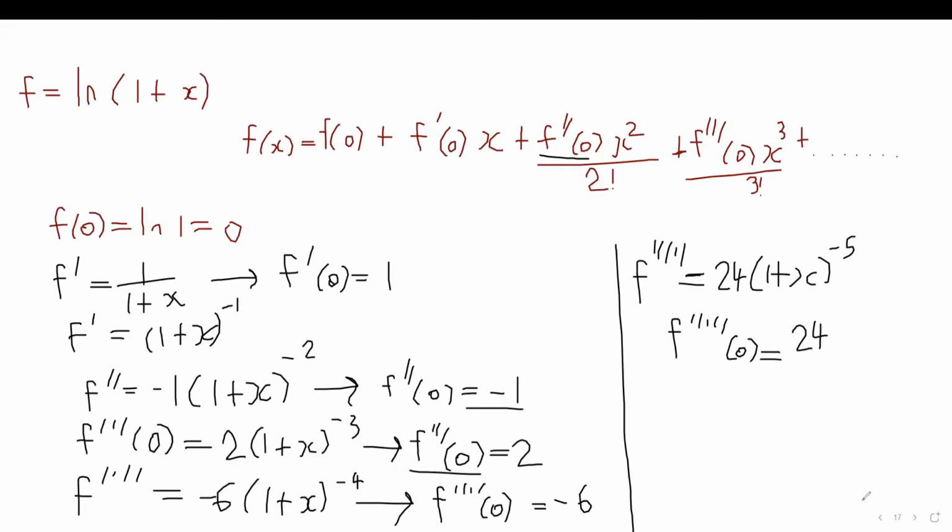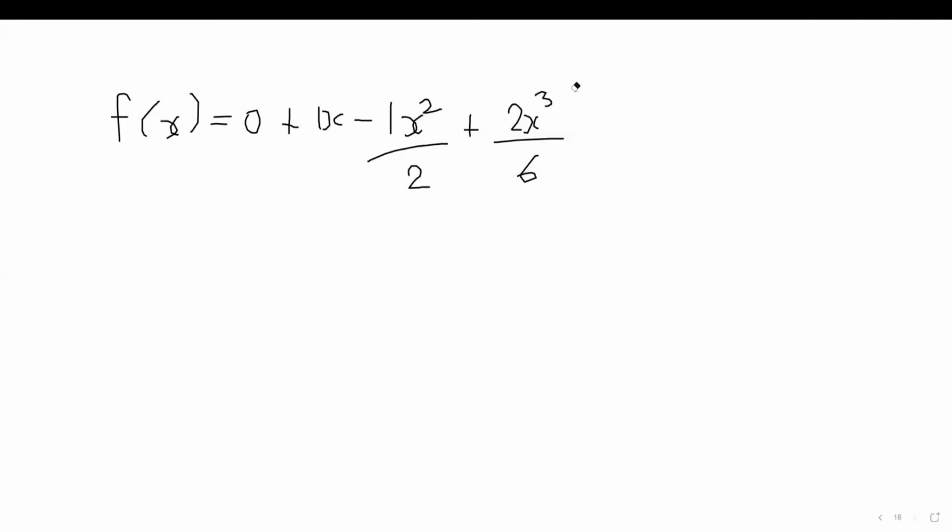This was actually minus 6, so let me change this to a minus. Minus 6 times x to the 4 over 4 factorial, which is 24. Then I have minus 24 times x to the 5 over 5 factorial, and 5 factorial is 120.